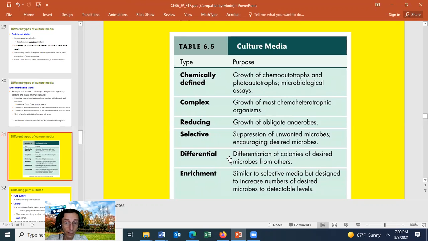Differential, allowing you to see differences of the two different organisms growing on the plates. And then an enrichment media, similar to selection, but designed to increase the numbers of the desired microorganisms to detectable levels. All right, any question about any of that?